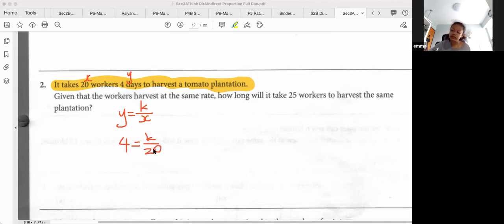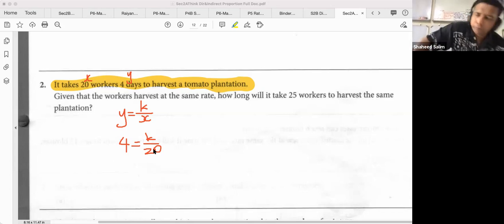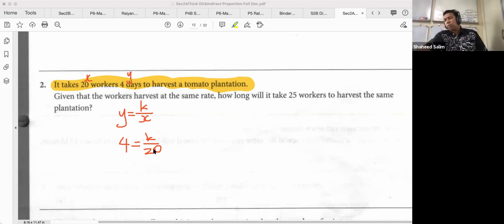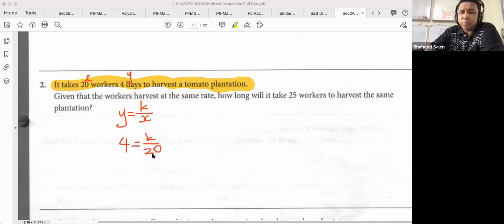Find out what is k. Eighty. Good. So you get rid of 20 times 20 here, times 20 here. You get k equals to 80. Well done.